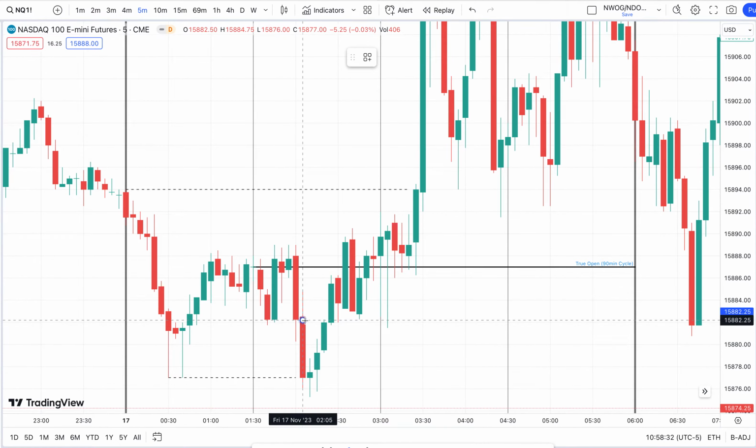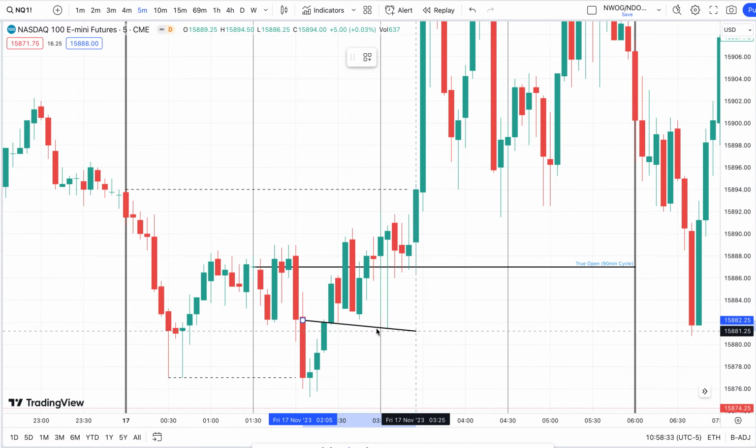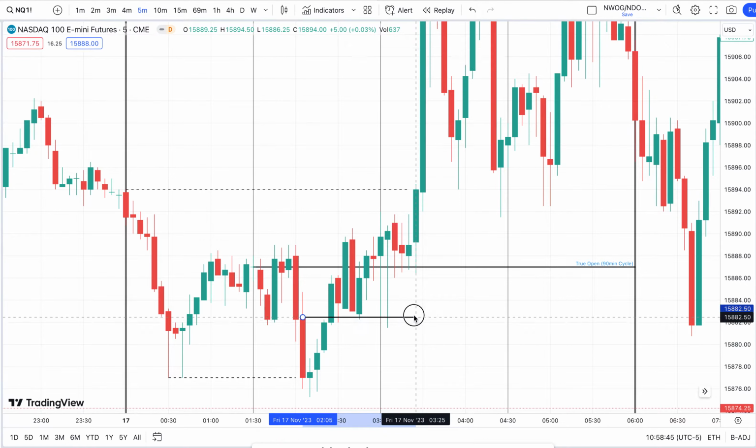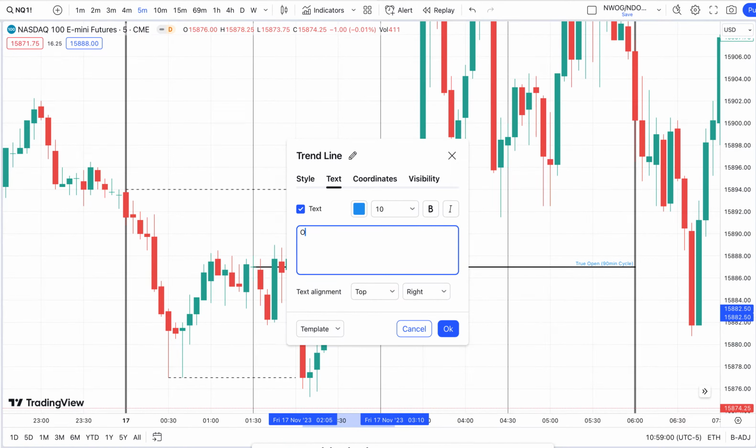So right here, just attach it properly. Order block.